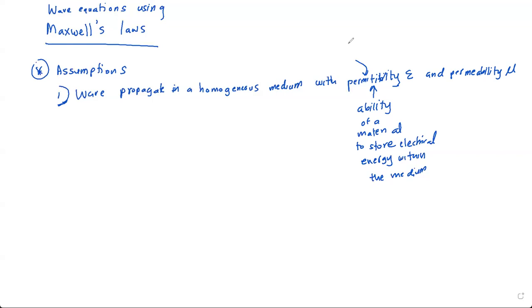Those are both the same. So permittivity gives us the idea of how much electric energy can be stored in a certain medium. And permeability means how much ability a material has to generate magnetic fields.